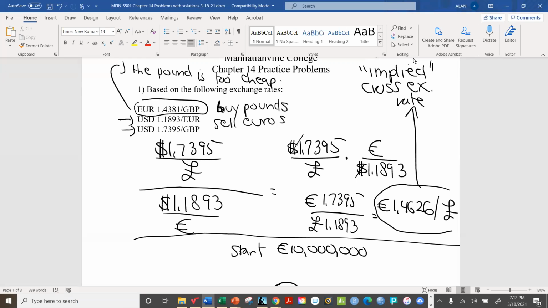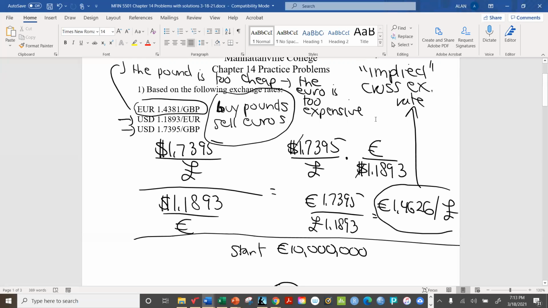And of course, that implies that the euro is too expensive. And that means, as you know from arbitrage, you buy whatever's too cheap and you sell whatever's too expensive. So somewhere along the way, you must buy pounds and sell euros.